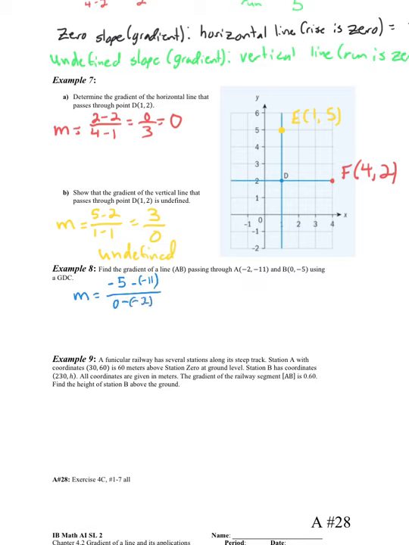And sometimes when we have to do subtraction of a negative number, we just have to be careful with that. So -5 minus -11 is really -5 plus 11. And 0 minus -2 is really 0 plus 2. So I should get a slope of 3 here.